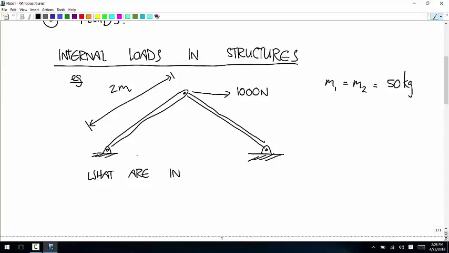And I don't know what this angle, let's say that's 30 degrees. What are the internal loads in each of these beams?